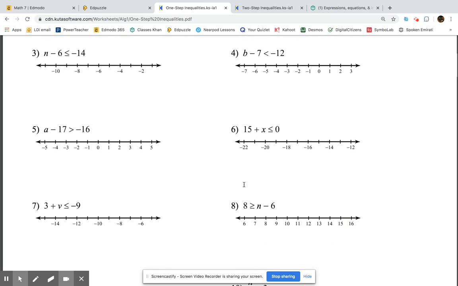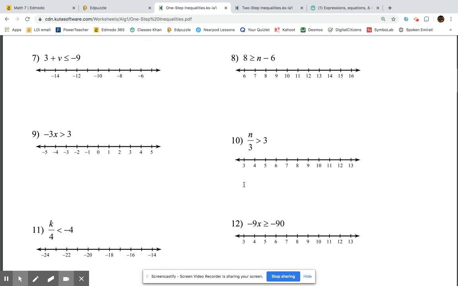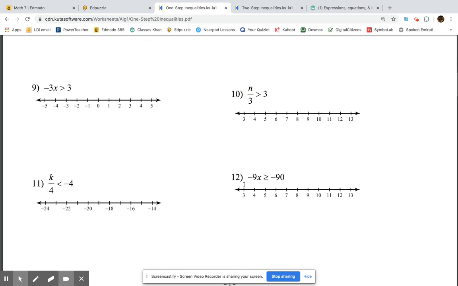So let's pick one where we have to flip it. All right, look at this here. Negative 3x is greater than 3. First of all, I'm just going to rewrite it down here so that we can have more space. So I have negative 3x is greater than 3.